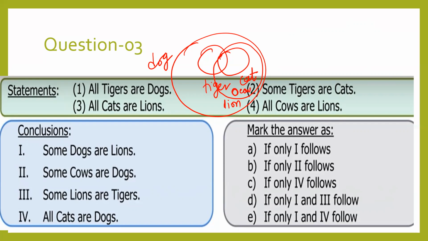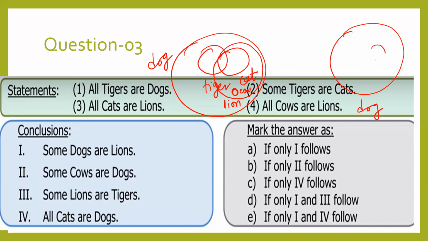Dog, then tiger, then cat, then lion, then cow. Some dogs are lions. So here some dogs are lions. This is dog.